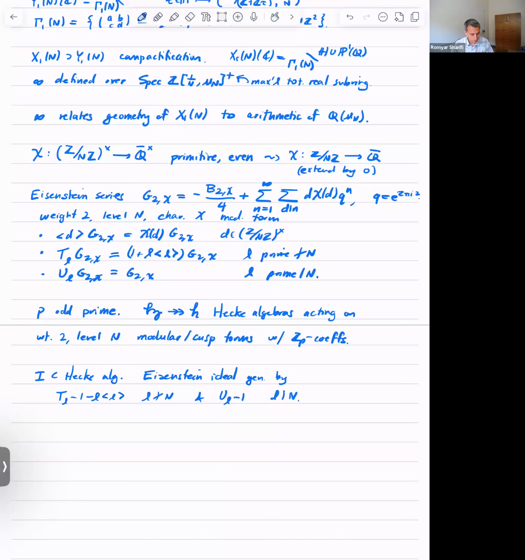Okay. So this is a Hecke algebra that sees all characters at once, because I haven't actually put in that the diamond operator should act in a particular way. But since I want to deal with primitive characters, I'm going to have to do that sometimes.